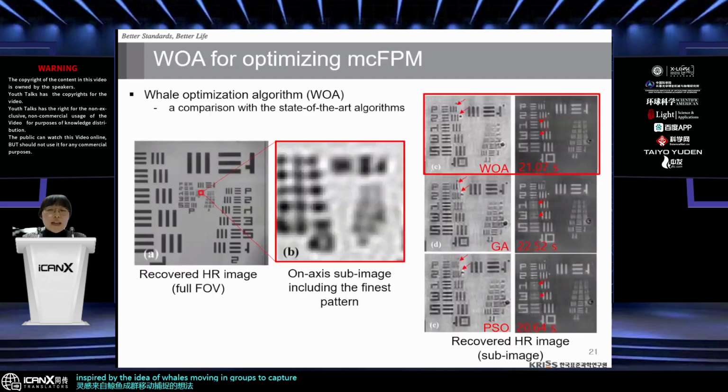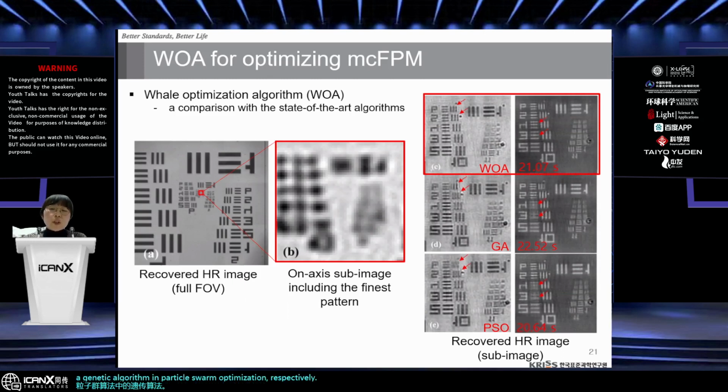We used WOA and compared the results to those of two state-of-the-art algorithms for obtaining misalignment error. A represents a high-resolution image of the full FOV, while B to E depict zoomed-in images of the regions containing the finest patterns from A. B is the on-axis image, and C, D, and E are the results of misalignment error correction using WOA, a genetic algorithm, and particle swarm optimization, respectively.